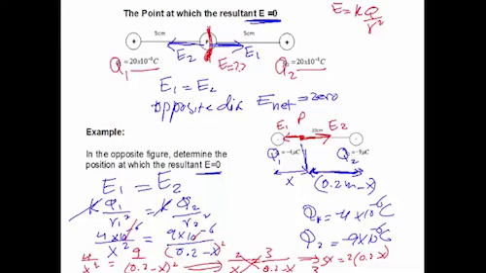This will be 3x equals 0.4 minus 2x. Bring 2x here, it will give you 5x equals 0.4.